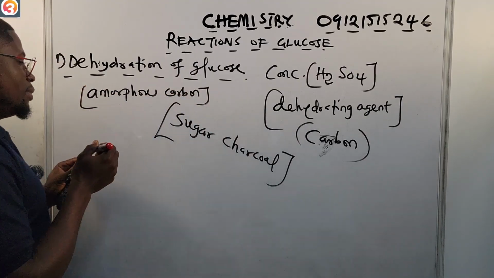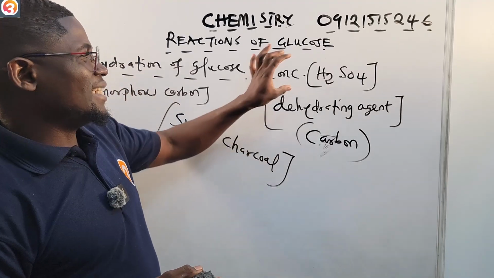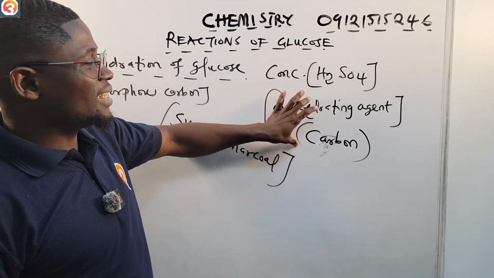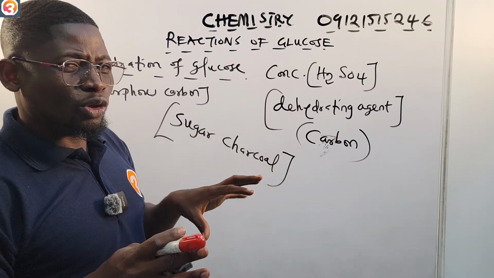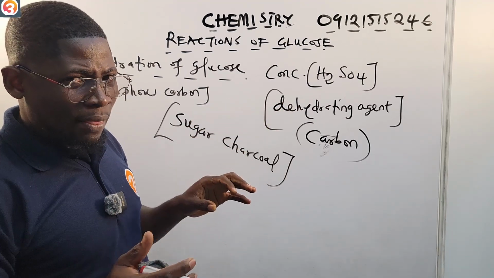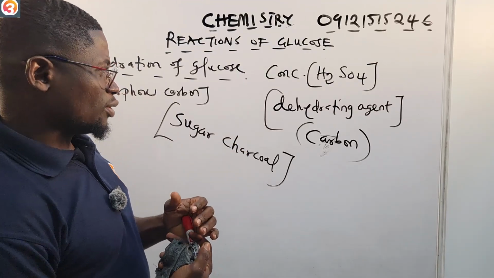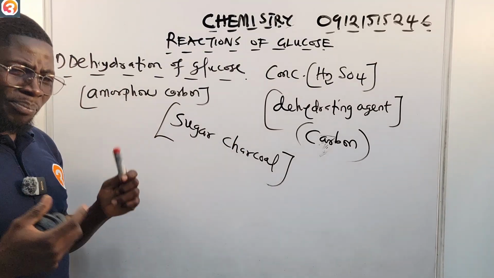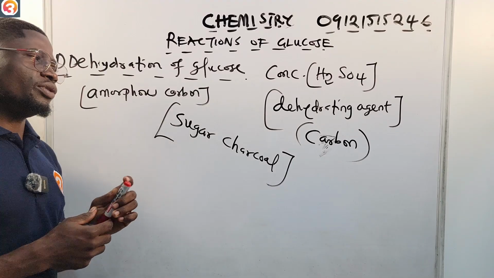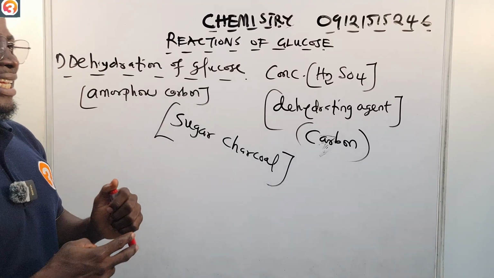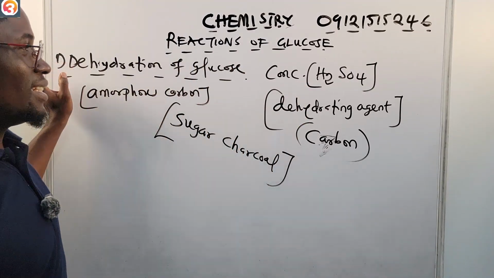Please take note of that. So when glucose is dehydrated by a very strong dehydrating agent, it yields a deposit of black carbon called sugar charcoal. Take note that it will happen in the presence of concentrated tetraoxophosphoric acid.